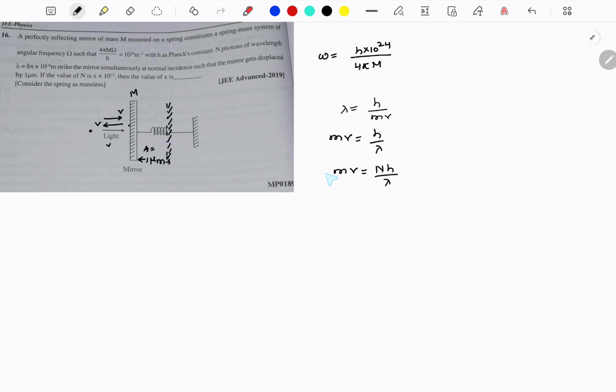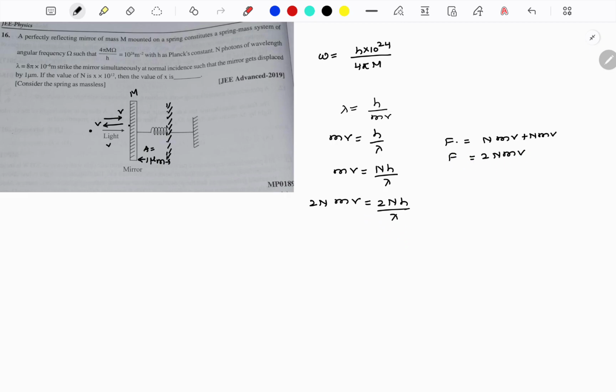The momentum transferred to this will be 2 mv, which will be 2 nh by lambda, because we know impulse is equal to mv minus mu. In this case it will be n into mv plus n into mv, so it will be 2n mv.